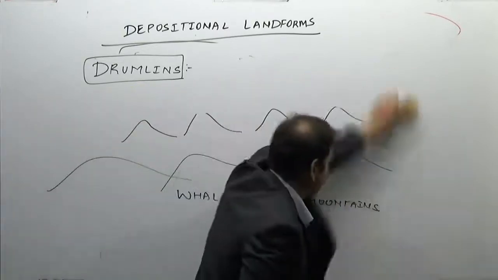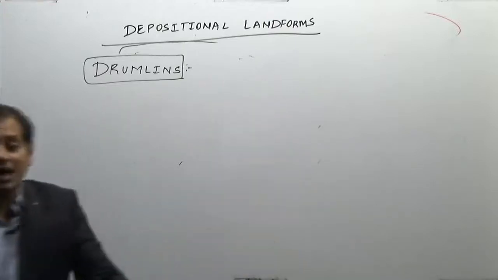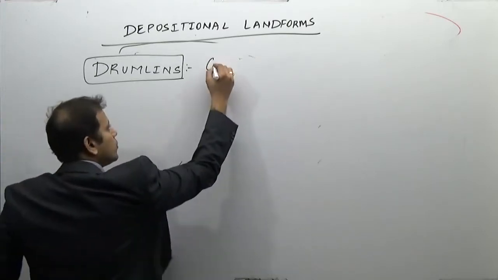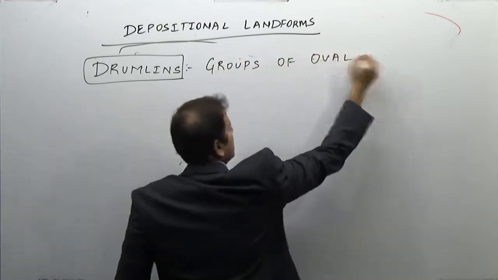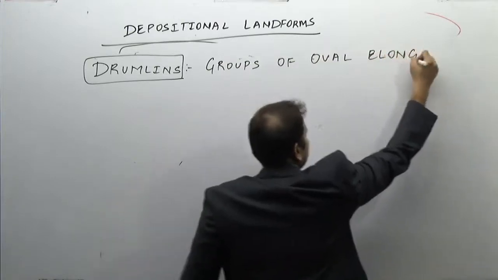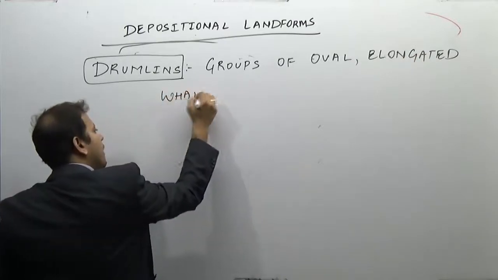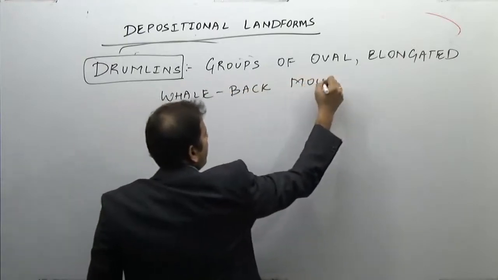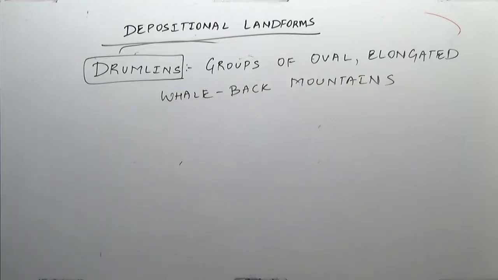So what are these drumlins? These are swarms or groups of oval elongated whale back mountains made from boulder clay.